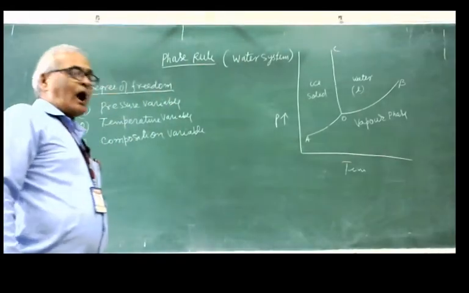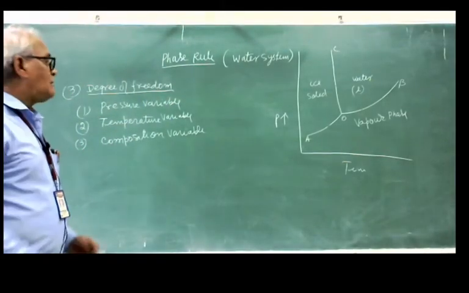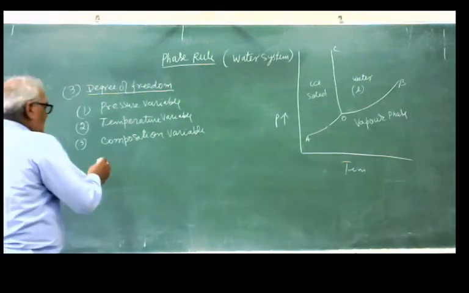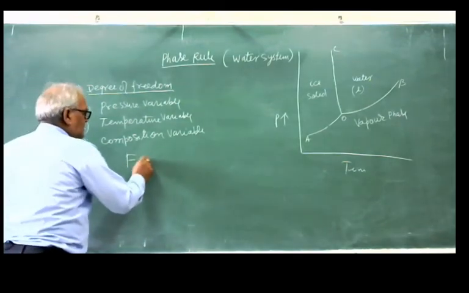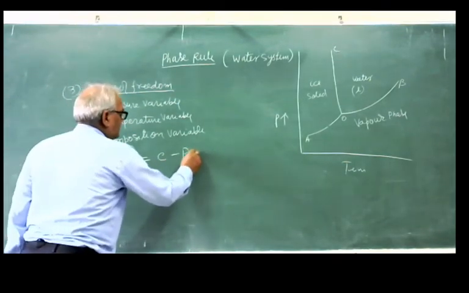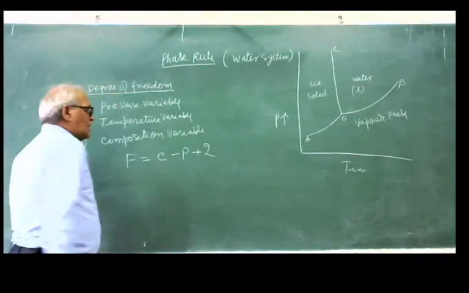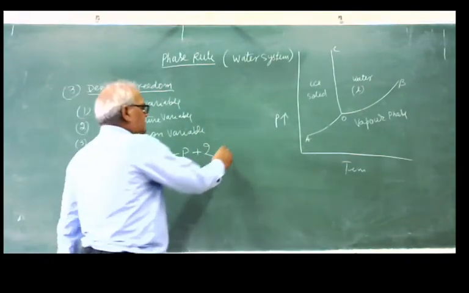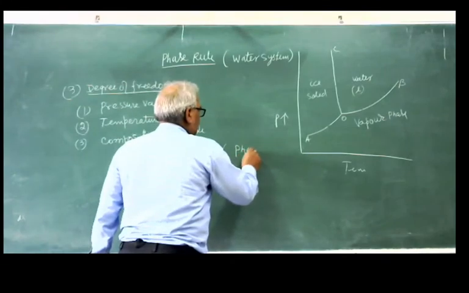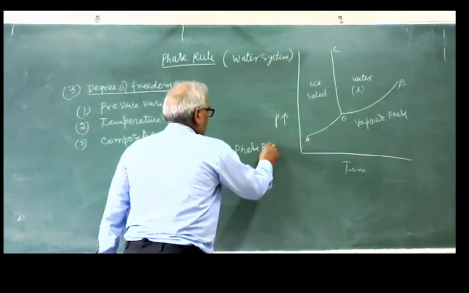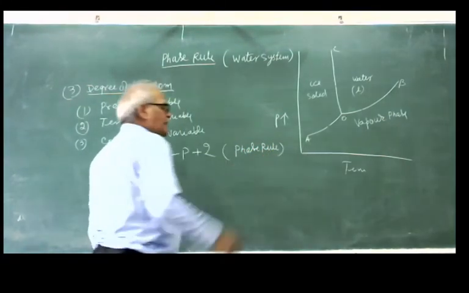Just see how to calculate degree of freedom. Degree of freedom is equal to C minus P plus 2. This is the phase rule.